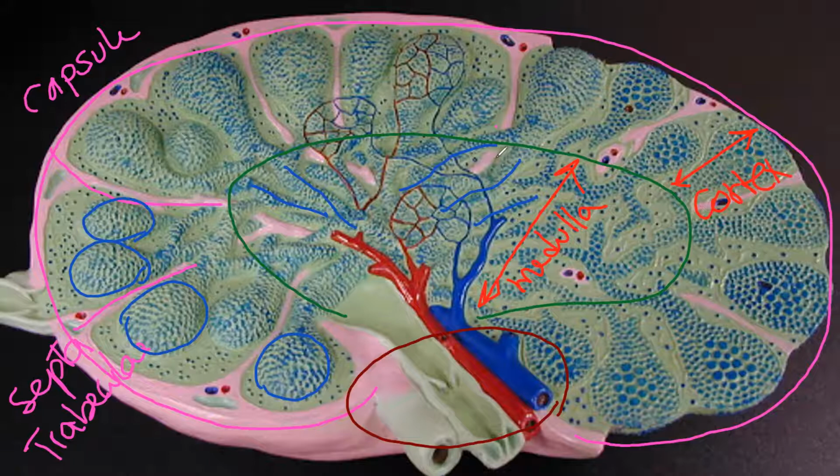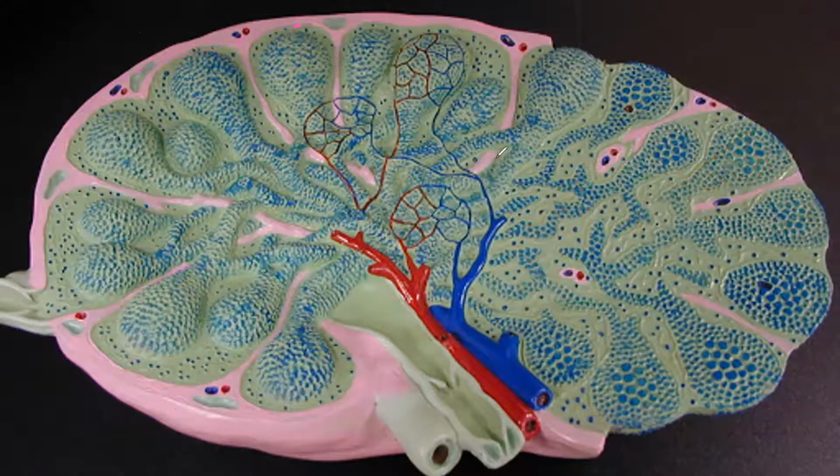The other part which I want to talk about in the lymph node is the flow of lymph. The lymph comes to the lymph node through the capsule from the afferent lymphatic vessels. The afferent lymphatic vessels are numerous and they bring the lymph to our lymph node. Then the lymph flows in the subcapsular sinus beneath the capsule. Then the lymph comes to the trabecular sinus around the trabeculae.